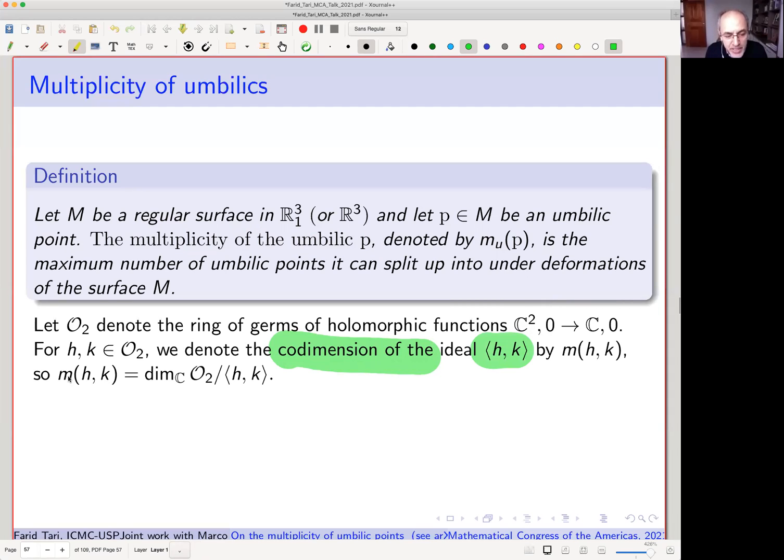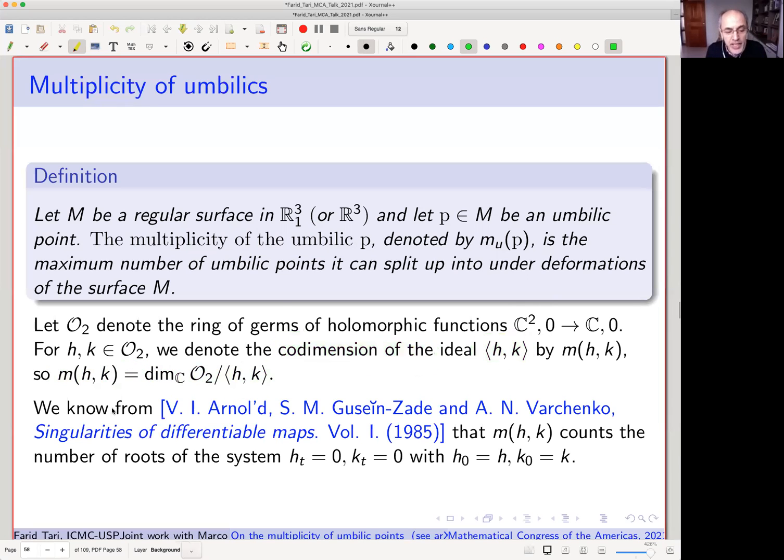So the multiplicity of the ideal is just the dimension of this complex vector space O2 over the ideal (h, k), okay? And we know from the book of Arnold, Gusein-Zade, and Varchenko that this multiplicity of the ideal, in fact, counts the number of roots of the system.